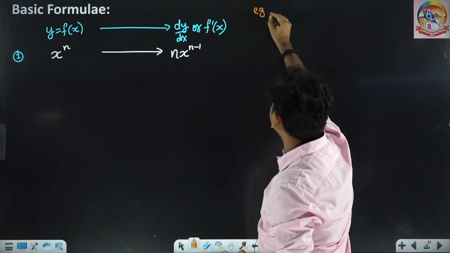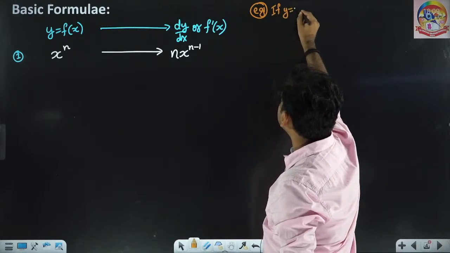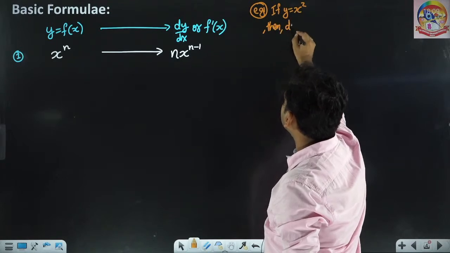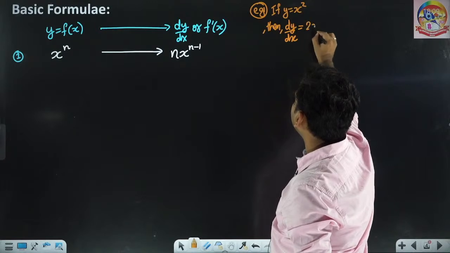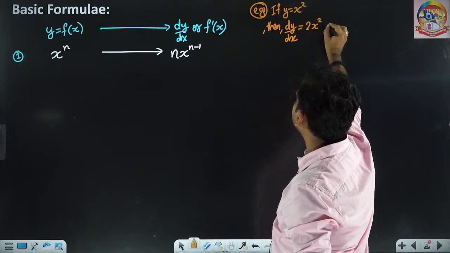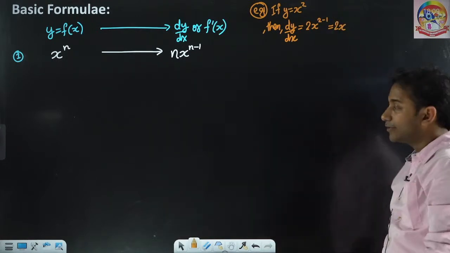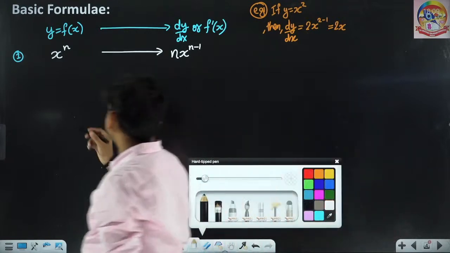Example number 1: if y is equal to x square, then dy by dx will be equal to, power 2 will be multiplied and the actual power will be reduced by 1. So that is simply equal to 2x. Getting it?